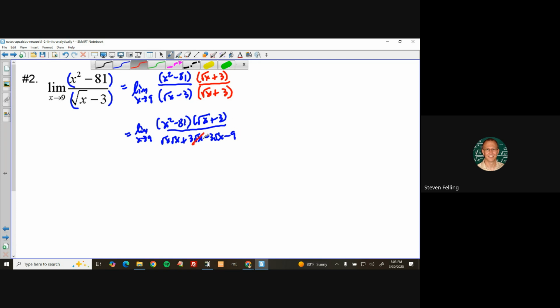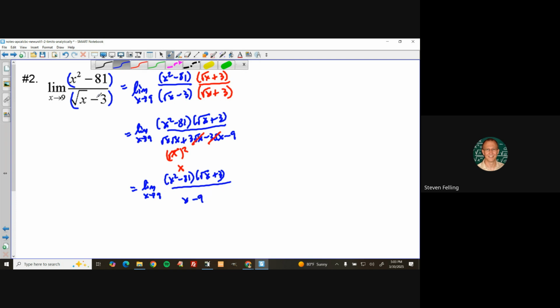With these conjugates, the middle will always cancel, and the square root of x times the square root of x is just the square root of x being squared, which means it's just x. So this ends up being algebraically equivalent to this. Limit as x approaches 9 of x squared minus 81 times the square root of x plus 3, and then here we have x minus 9.